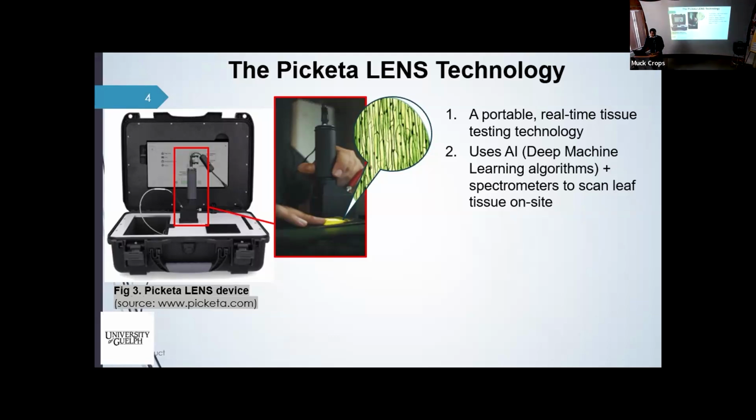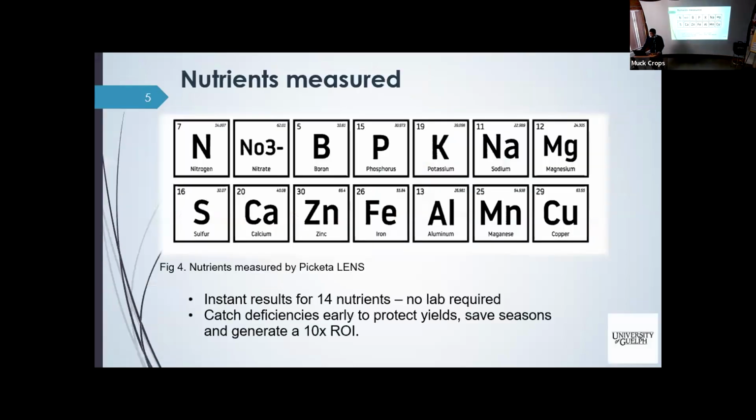It is a portable device. You can move it from place to place. That is the Piquetta device sitting right there. You can move it to your field and use it to scan your crops in the field, or you can bring your samples to the office and scan in your office.